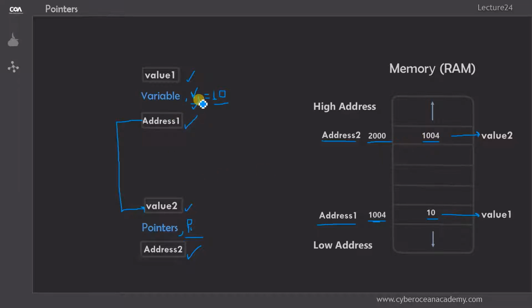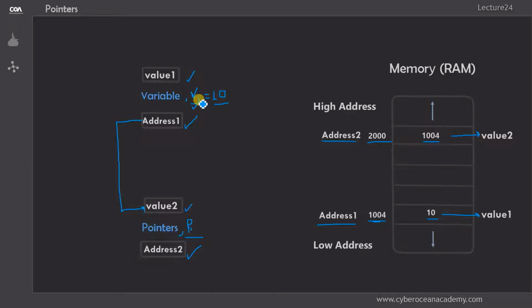So a pointer is a variable which stores the address of another variable. Like a variable, a pointer has two features: the first one is the value and the other is its own address, and addresses are represented inside the computer memory in binary form.